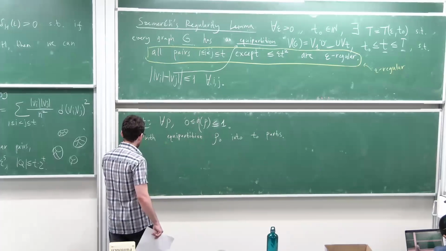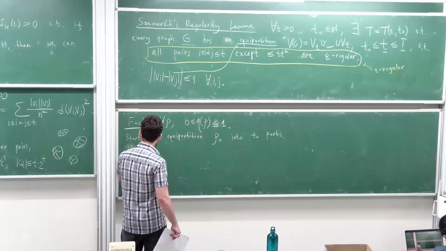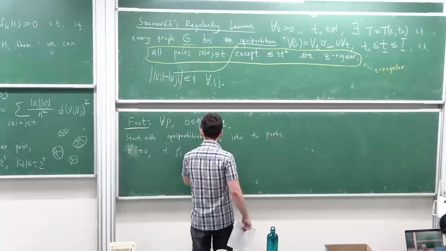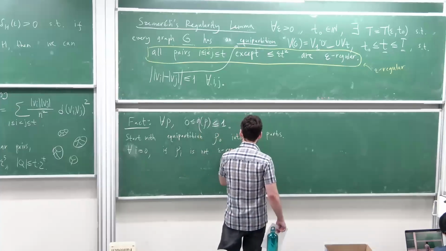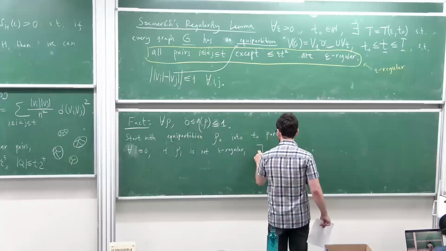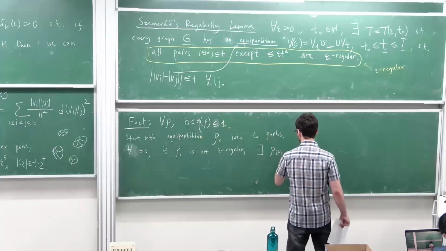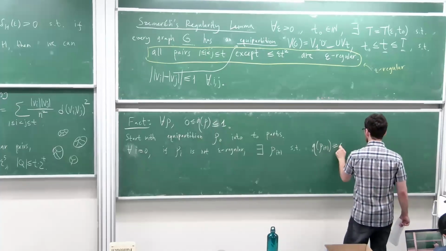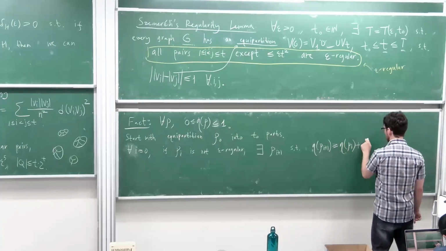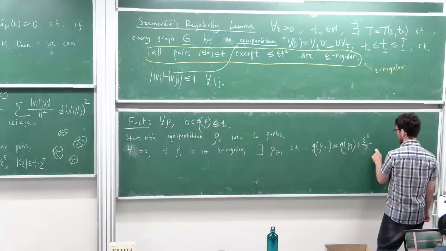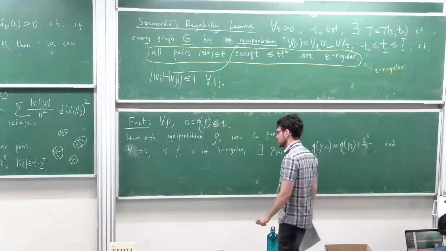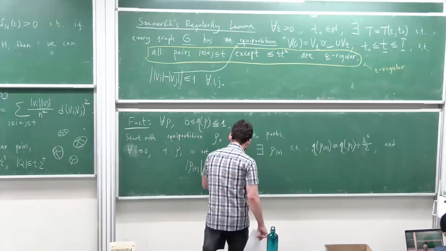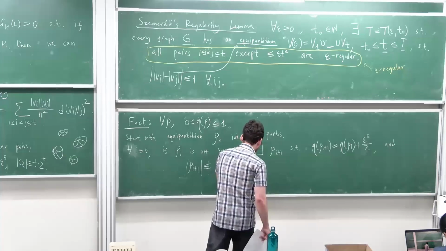So for i equals 0, if Pi is not epsilon regular, then there is a refinement Pi plus 1 such that the energy of Pi plus 1 is at least the energy of Pi plus epsilon to the 5 over 2, and the size of Pi plus 1 is at most, let's say, 2 to the size of Pi.